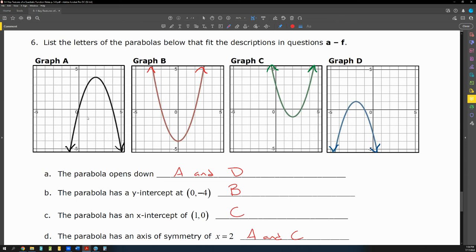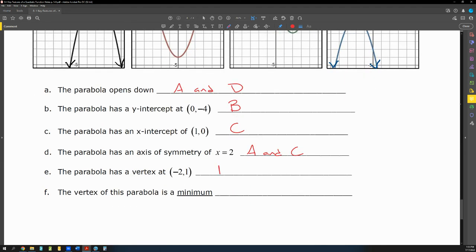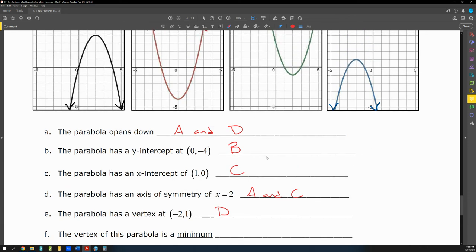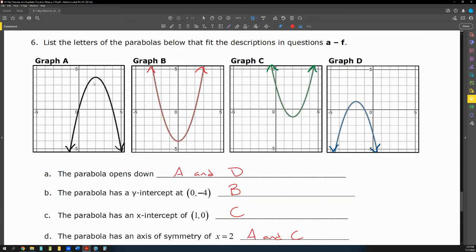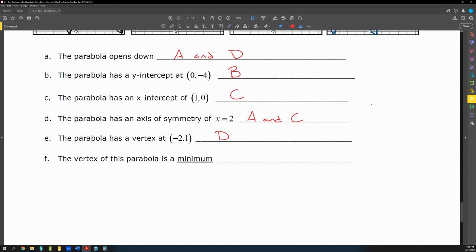So negative 2, 1, not A, not B, not C, but D. And finally, the vertex of this parabola is a minimum. So graph A, vertex is a maximum, no. Graph B, yes. Graph C, yes. And graph D, no, that's a maximum. So B and C.